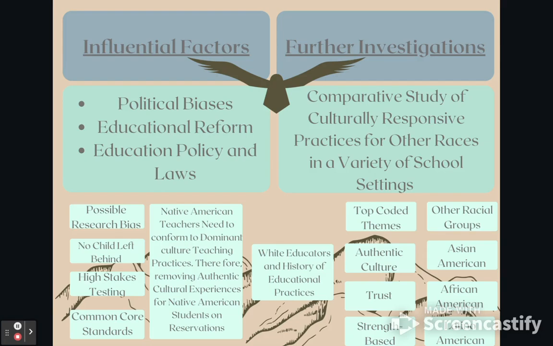Right now, the majority of the teachers are white, therefore inhibiting the culturally responsive practices, even through professional development, even though that was a highly coded theme, it was more given in most of the text as a suggestion of what to do to continue on.